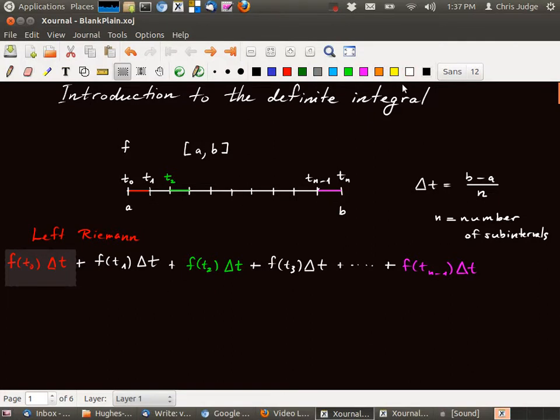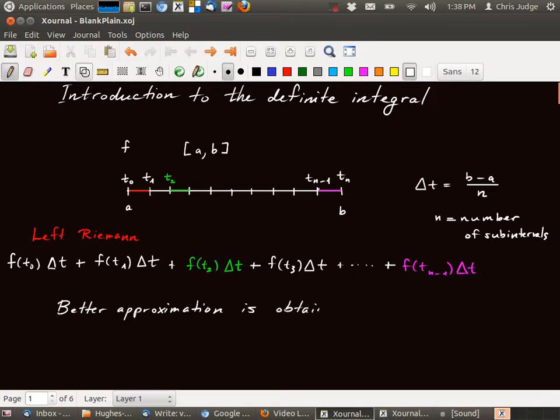Now, the actual value that we're trying to estimate with Riemann sums, we get a better approximation. Here's the key. A better approximation is obtained if we use ever smaller intervals.